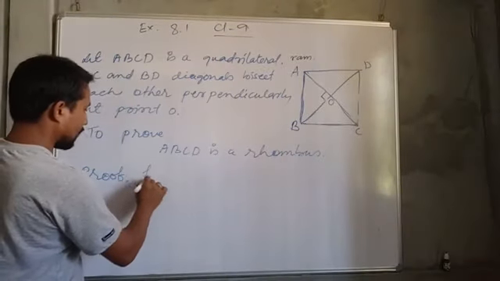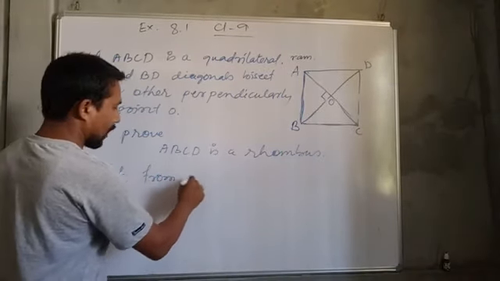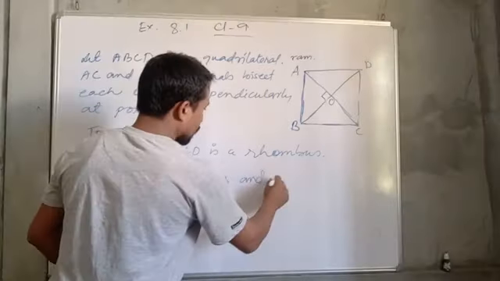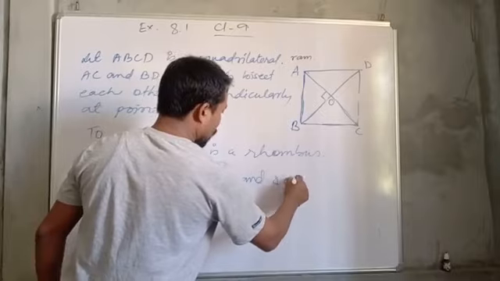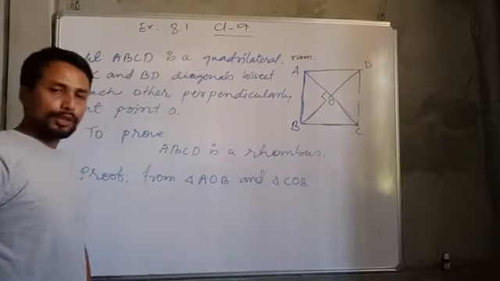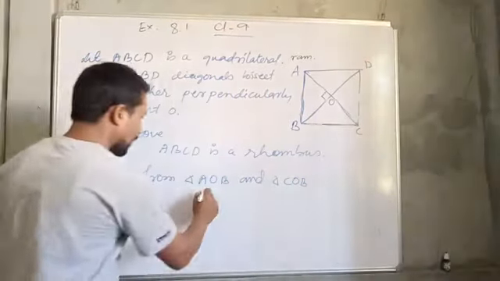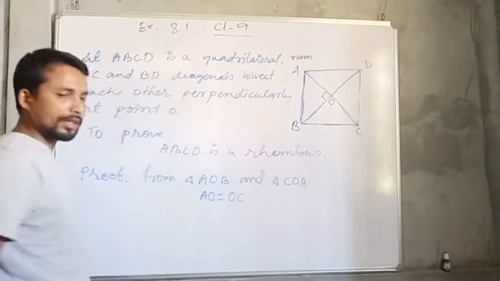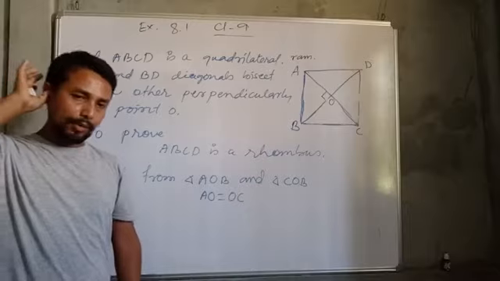From triangle AOB and triangle COB, we have AO equal to OC. Why is this equal?